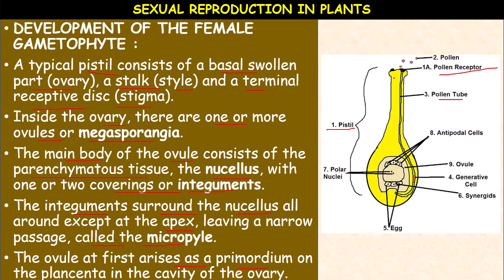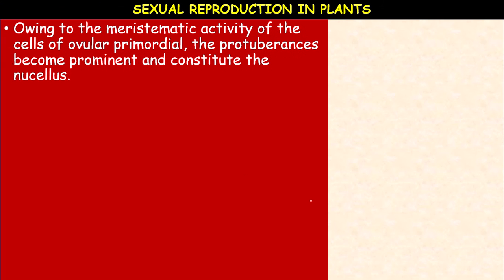It consists of 3 parts: the stigma, the style, and this swollen main part called the ovary. Inside the ovary, ovules are present. These ovules develop into the embryo sac, the female gametophyte.